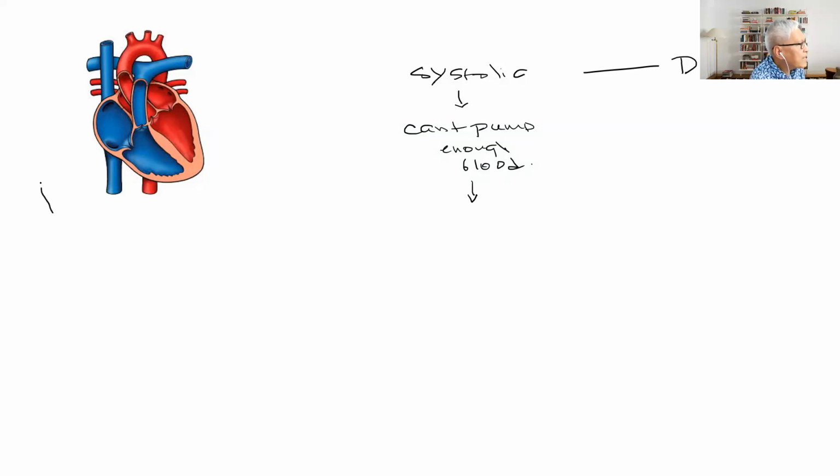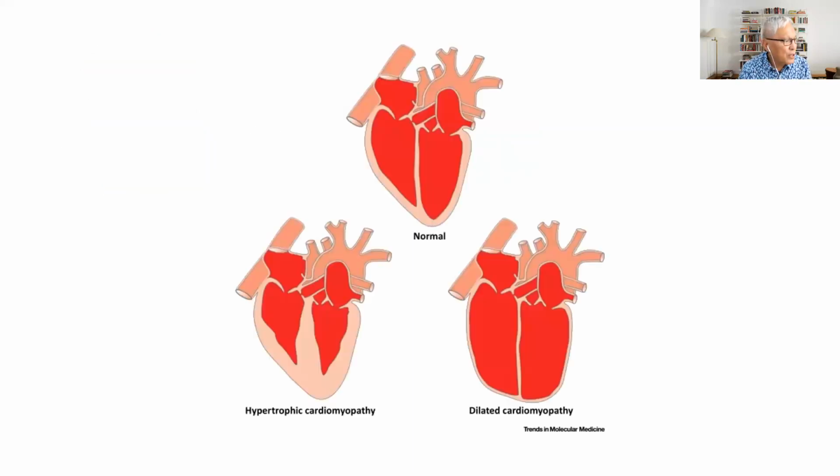So let's say that the blood is going adequately into the left ventricle, but then it is not going to pump 50 or 60% of the blood out. The reason might be that the walls of the heart are thinner, and if it's thinner, the muscles are going to be less.